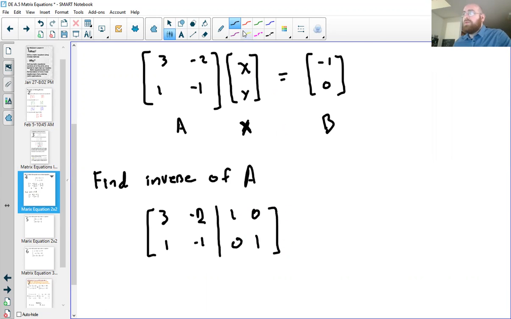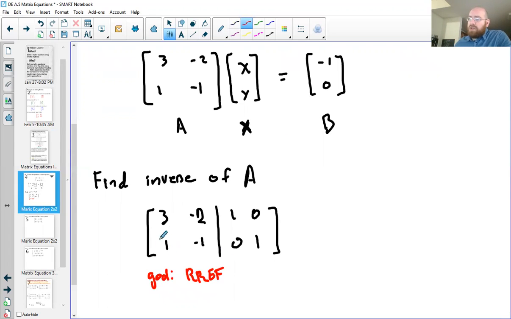And this is where we get into using our row operations to get our left-hand matrix into reduced row echelon form. So our goal is RREF, reduced row echelon form.